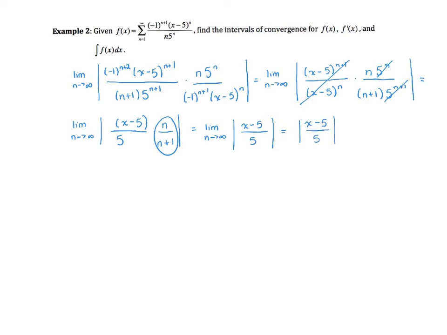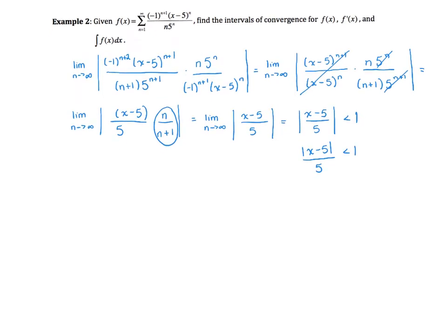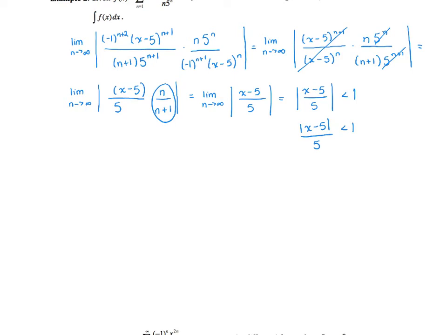In order for our series to converge, we want that common ratio to be less than 1. Now again, we need to remember the things from the last lesson: that's going to be the absolute value of x minus 5 over 5 is less than 1. So that really means the absolute value of x minus 5 is less than 5.